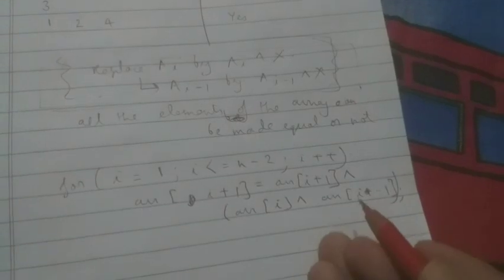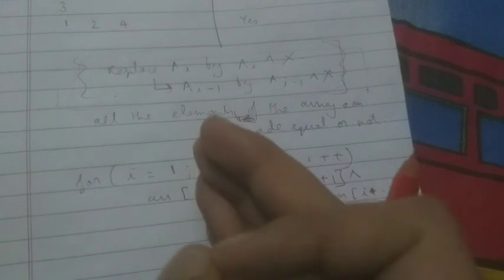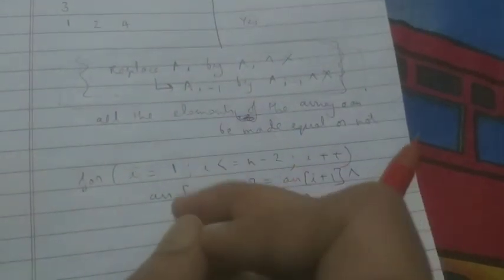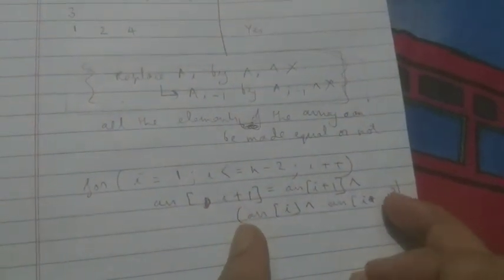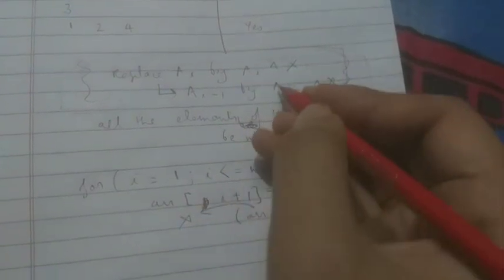Now the reason behind this is that we are going to make ARR of i minus 1 equal to ARR of i. So if we want to make the previous number equal to this number, then if we XOR both of them, we get the amount that we need to XOR it with. That value is basically this x over here.